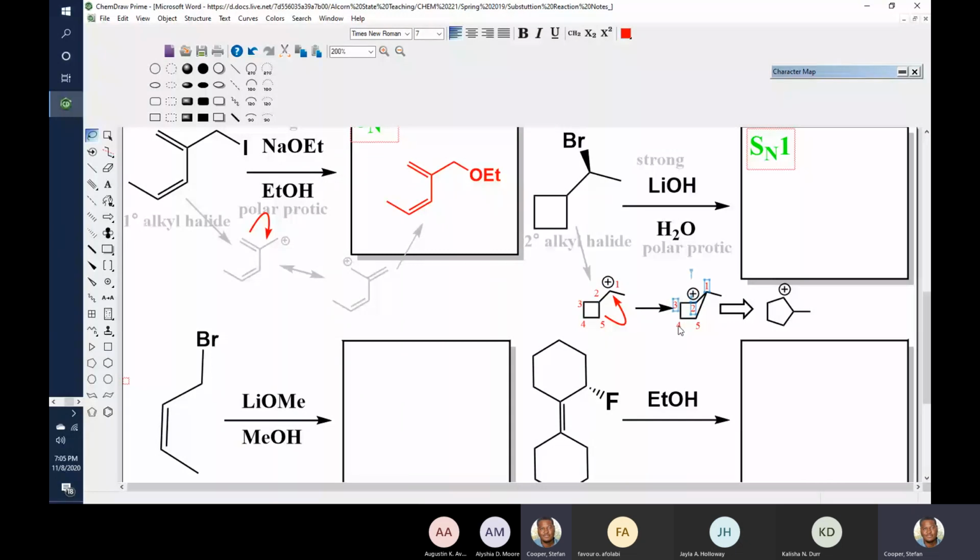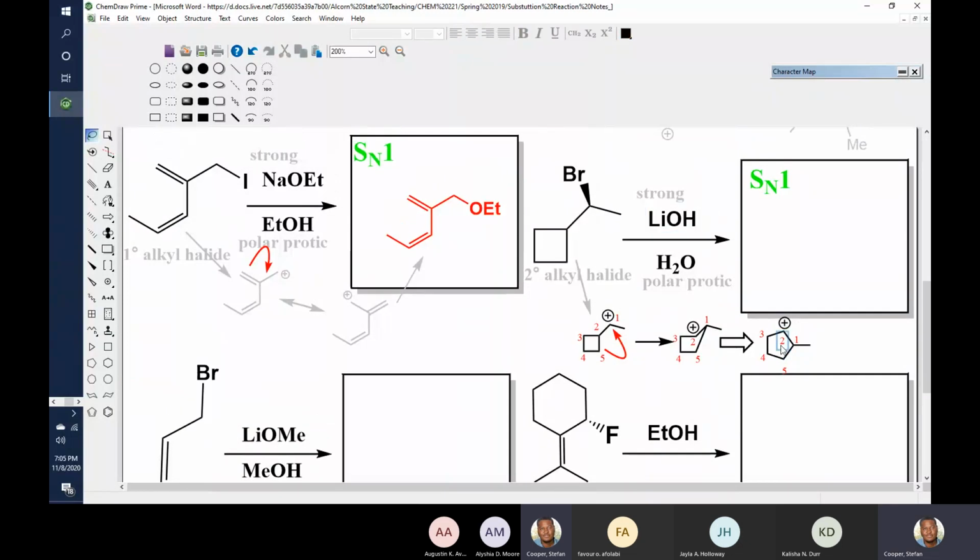Okay. Let's get the numbers moved over to the five-membered ring. Okay, and so this translated back to a 2D structure. You've got that five-membered ring.